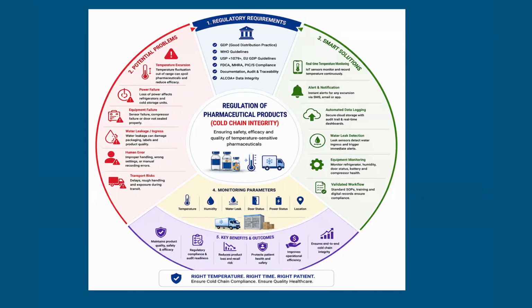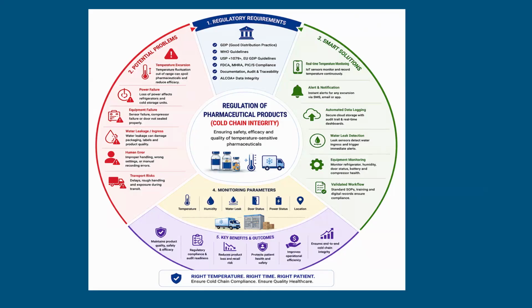So these regulations require continuous monitoring, documentation, traceability, and audit readiness throughout the supply chain. So the objective is to ensure every pharmaceutical product reaches the patient in the same condition in which it was manufactured.